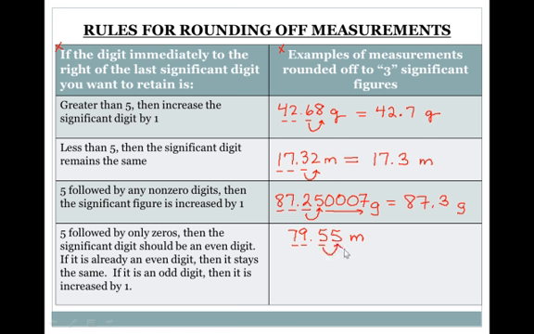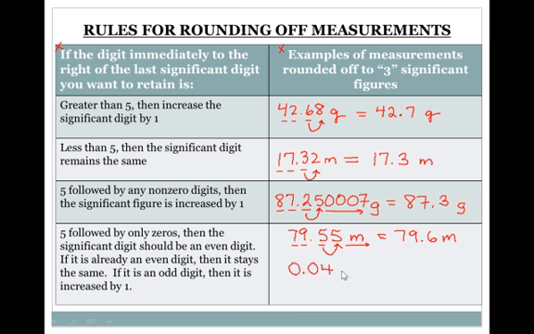Look behind. Now, when I look behind, I see that 5. And the only thing that's behind that 5 is zeros. So I'm going to look at this digit right here. The last sig fig needs to be even. It's a 5. 5 is not even, so I'm going to increase that by 1 and say 79.6 meters.